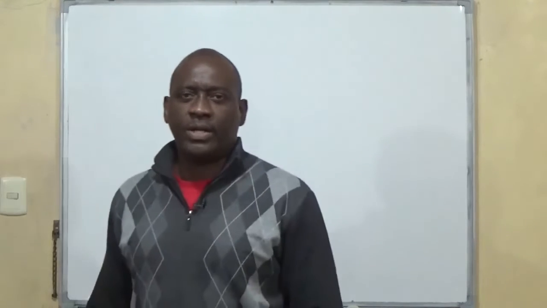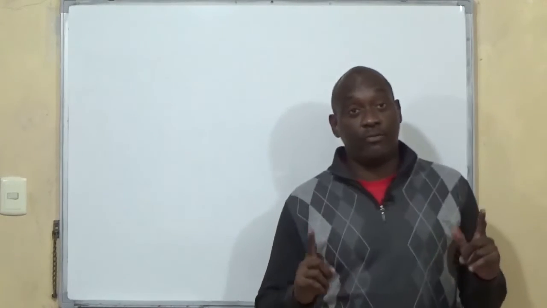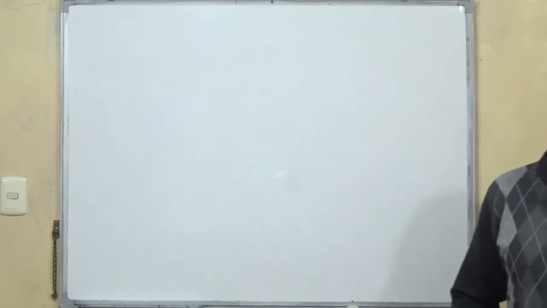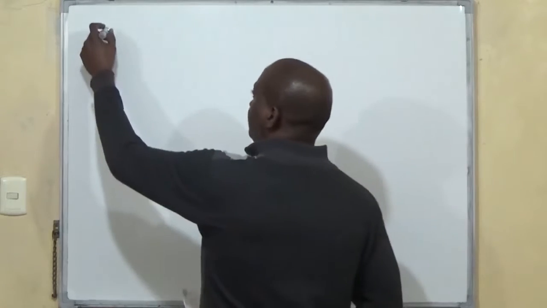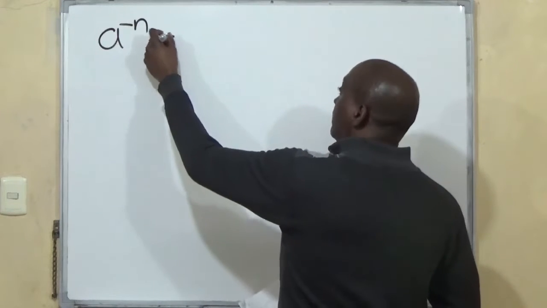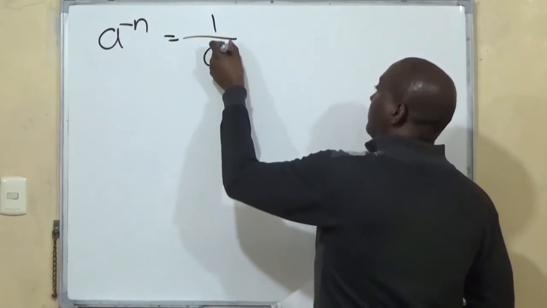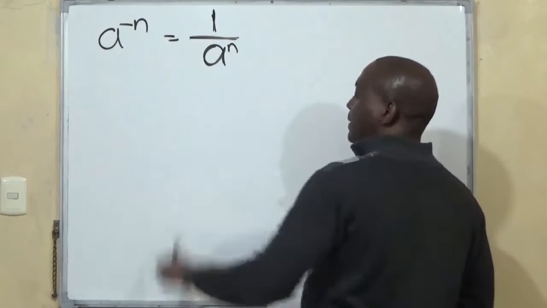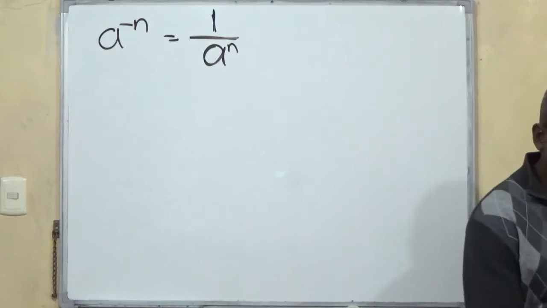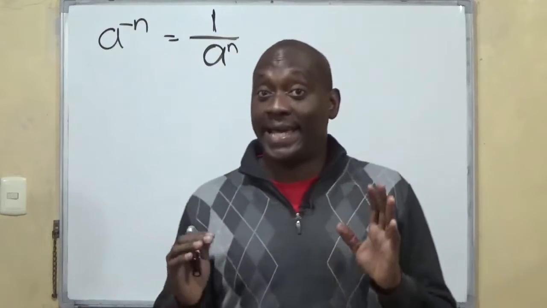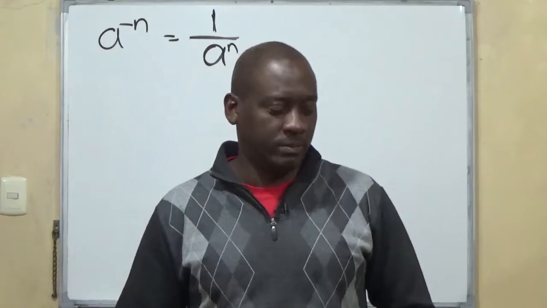Alright, so in this video, I want to consider a very special case of rule number 8. Remember in rule 8, we had said that a to the minus n is equal to 1 over a to the power of n. And we used a series of examples. But the one example that we didn't really give much serious consideration to was the example where n is equal to minus 1.